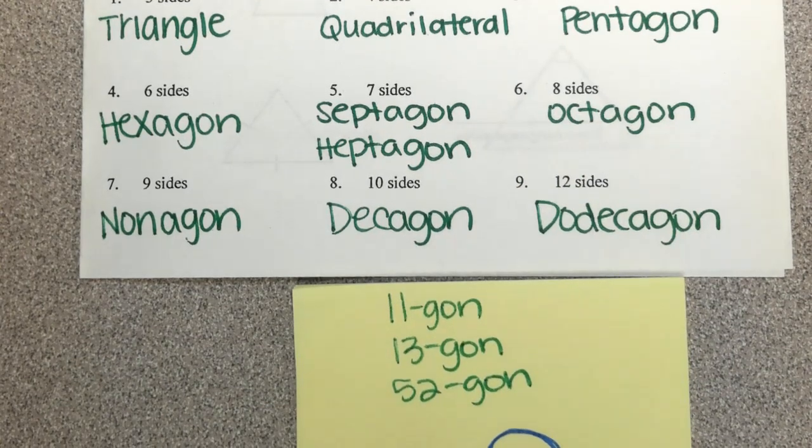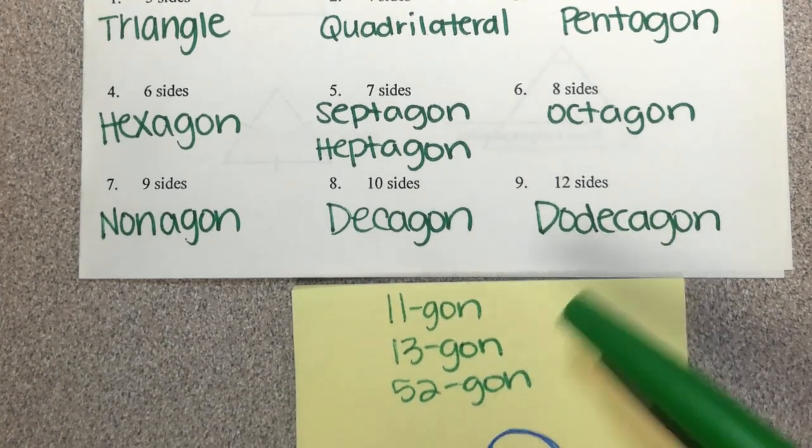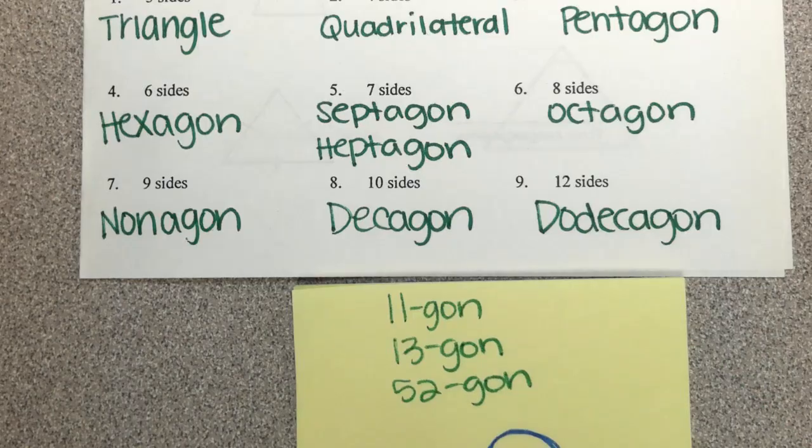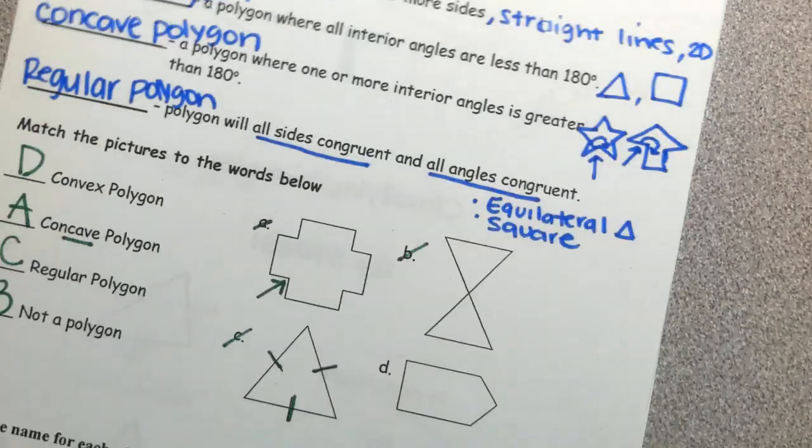When we get to our polygons unit, I'm going to ask you questions about these types of things, but for right now, don't worry about it. But yes, once you get to a certain point, I don't know if there's names for them, but we got lazy and we just quit naming them. Yes? Yes. Holy crap, but, okay, are we going to have to calculate the interior angles of the 52? Absolutely. That's good. Yeah, but not until like March, so you're good.